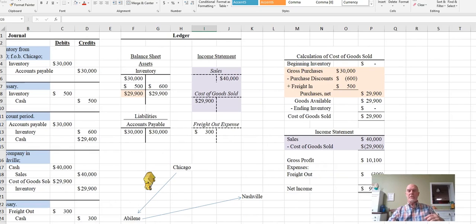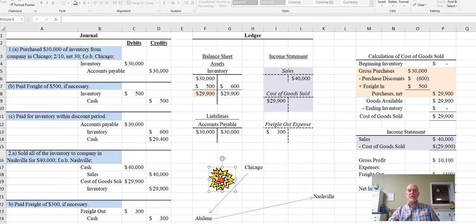So what happens if something happens on the way to Abilene? What if they have a wreck and everything burns up and it's destroyed? Those kinds of things happen. So then the question is, who owes who? Who takes the loss? Who's responsible to who? Well, as far as the trucking company is concerned, they're expecting payment from us because that became ours when it got put on the truck.